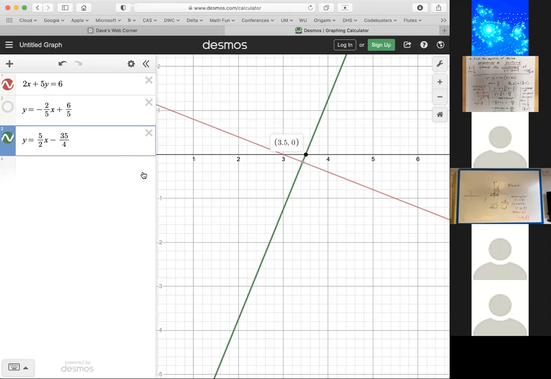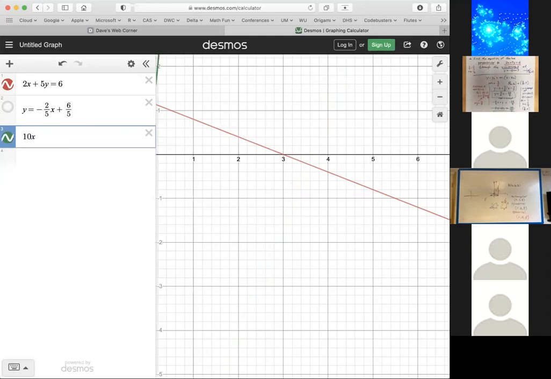Is it parallel to the line she gave me? Desmos is just very easy to type and go. Even the standard form, 10x minus 4y equals 35. Same line, got it. Crossing at 7/2, 3.5 and 0.